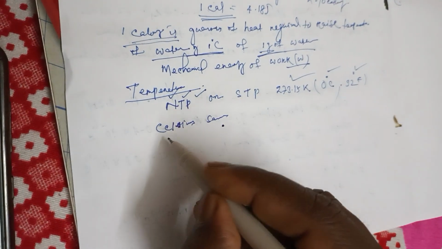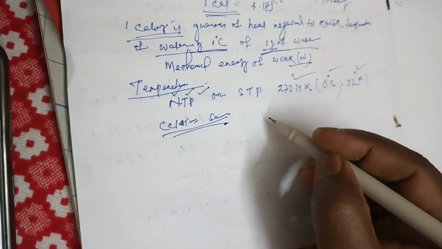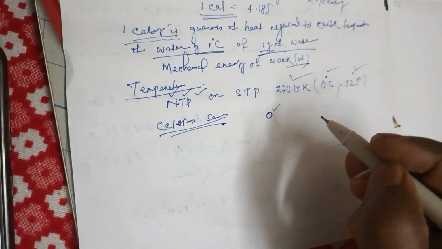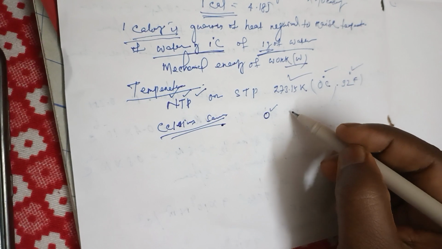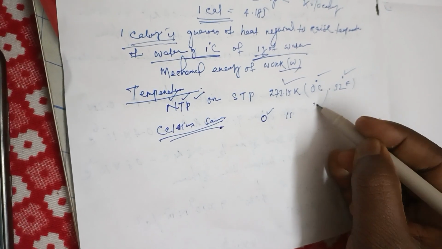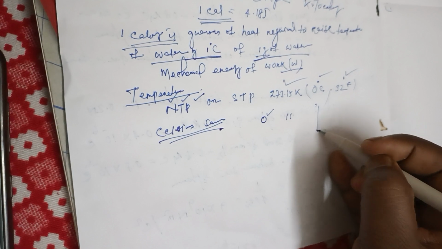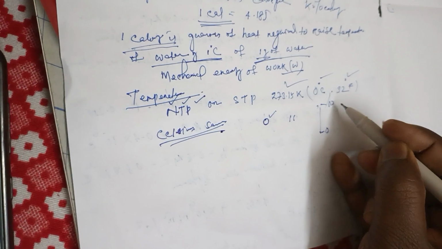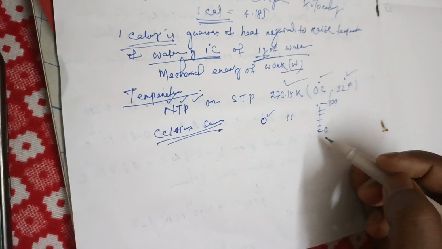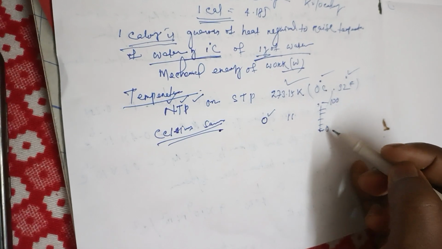Then this is 0 degree, this is 100 degree, then there are 100 parts. Every part is 1 degree.